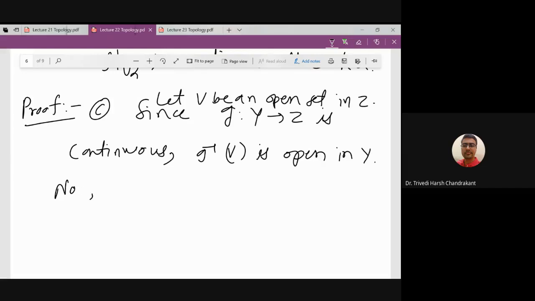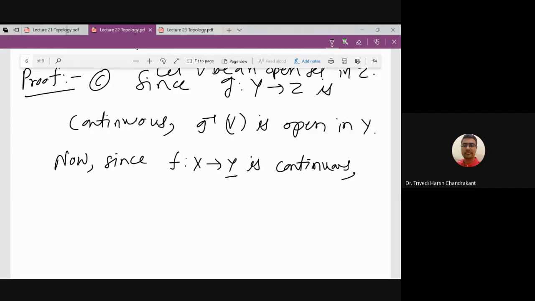And now since f from X to Y is continuous, every open set in Y has its inverse image under f open. So this is a particular open set in Y, so f inverse of this set is open in X.